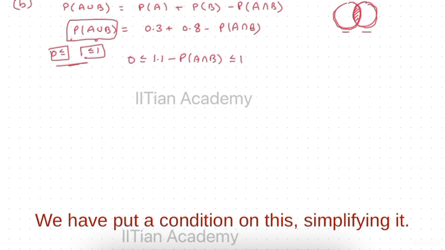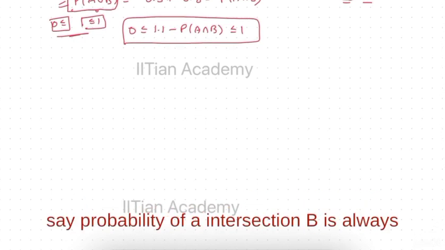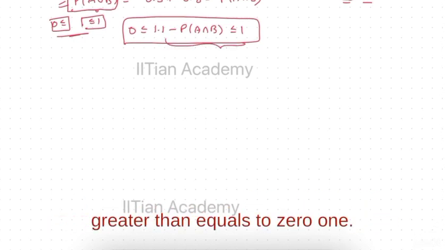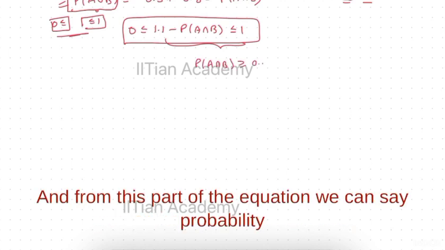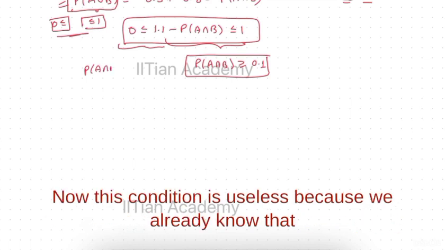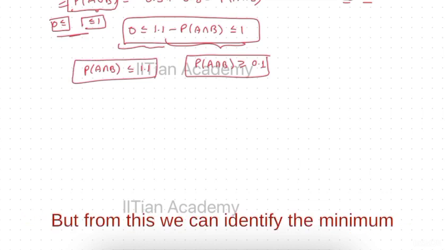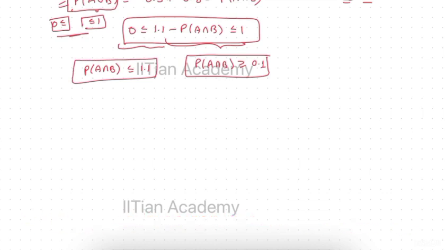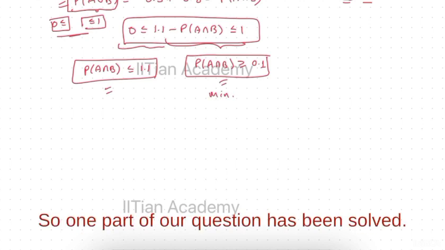Simplifying, from this part we can say the probability of A intersection B is always greater than or equal to 0.1, and from the other part we can say it is less than or equal to 1.1. This condition is useless because we already know any probability is always less than or equal to 1. From this we can identify that the minimum probability of A intersection B is 0.1.